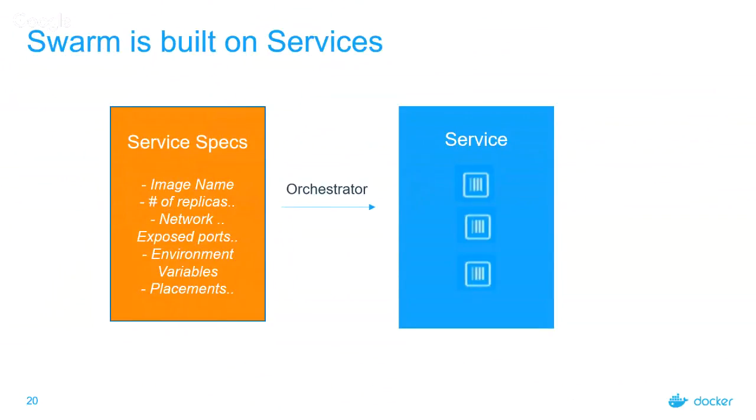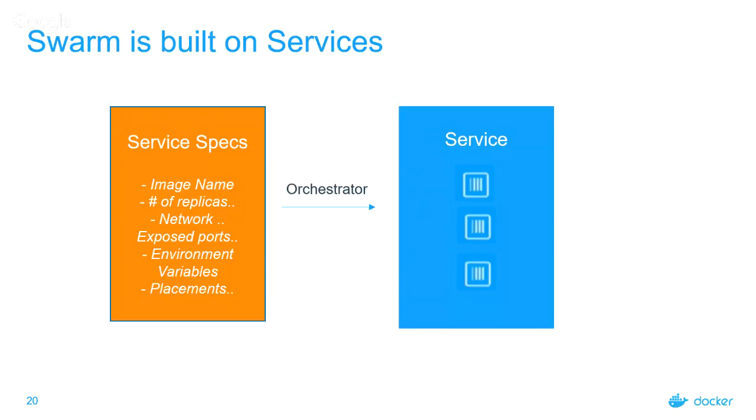Whenever you run a Docker CLI command or you have an application talking to the Swarm API, when you run docker service create, it creates a spec for the service, which could include the image name and the number of replicas you want to push to the Swarm cluster, meaning how many copies of the service you need on the Swarm mode cluster.